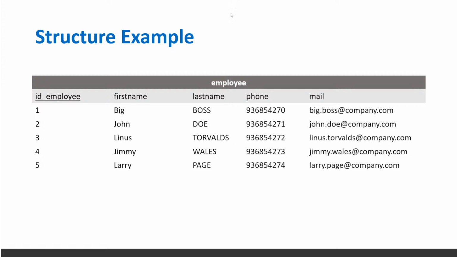And so we can see here we have a table that's called employee. That's the name of our table. And we have these columns of information here: employee ID, first name, last name, phone, and mail. In this case, mail is the email address.